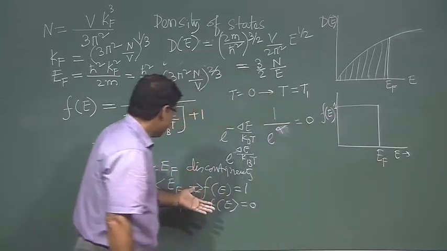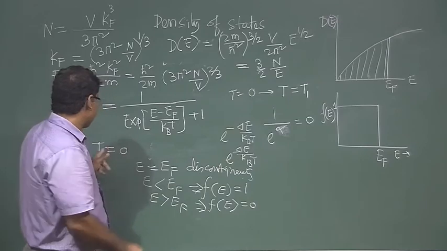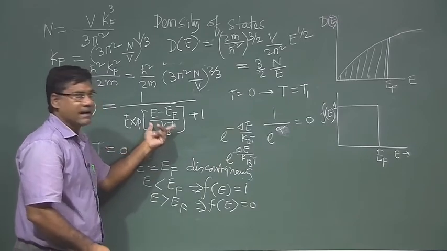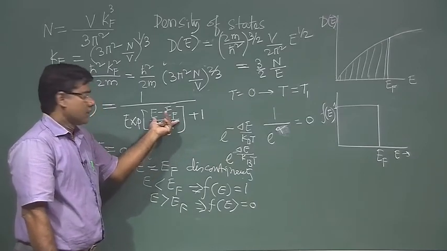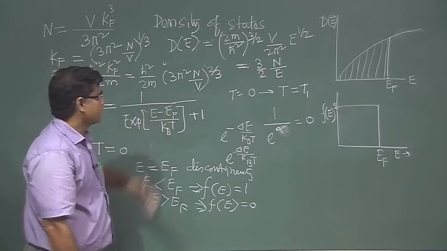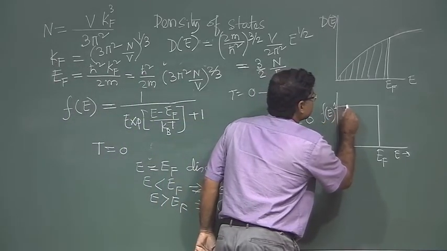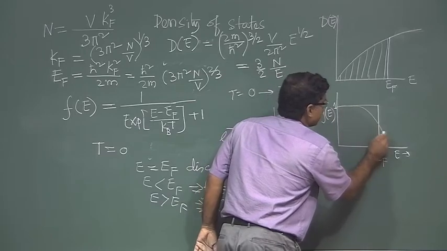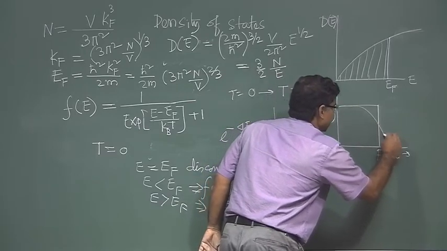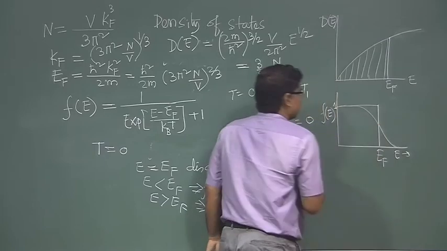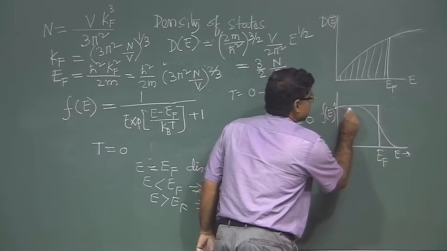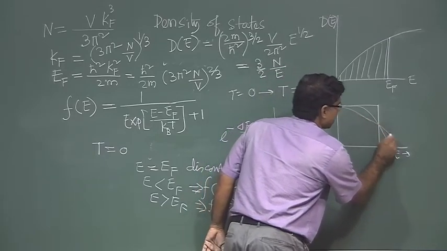Now, when temperature increases, so it is not T equal to 0, T has some value. So, what will happen from here? You can show that this curve will be like this. Okay. For other temperatures, the curve will be like this.